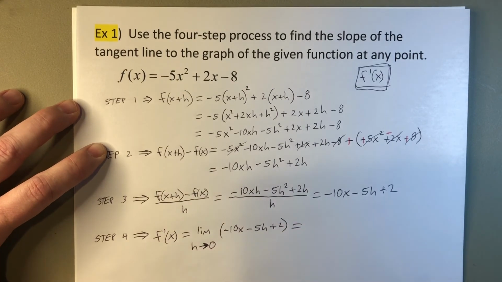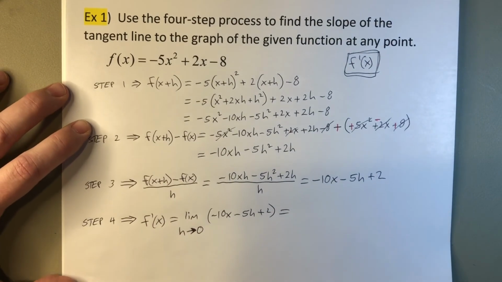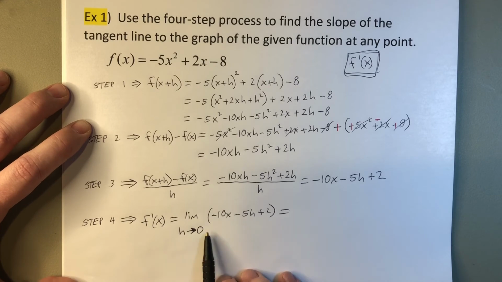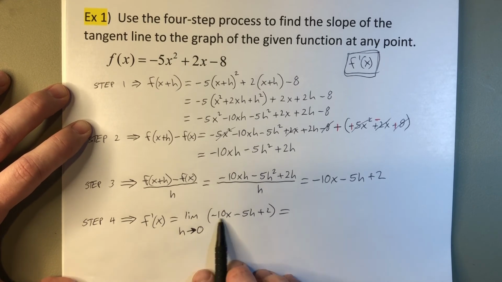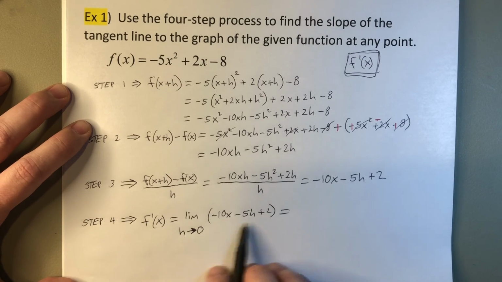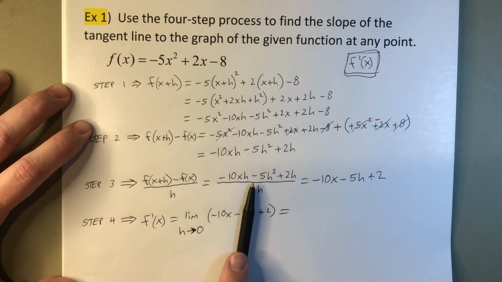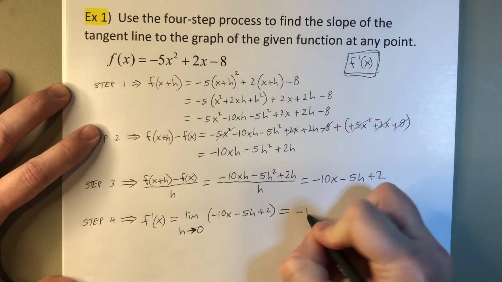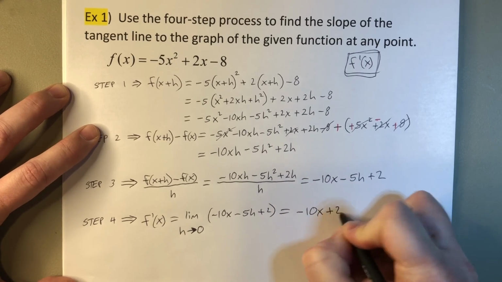So all you have to do now at this point is see if it's possible to replace every h that exists here with a 0 using substitution. And do you end up with a nice algebraic expression? Yes, you do. If this h becomes a 0, then this expression is gone. And you're left with negative 10x plus 2.